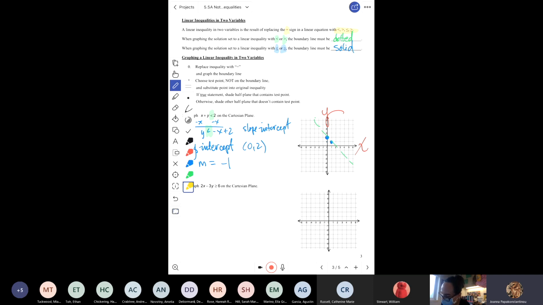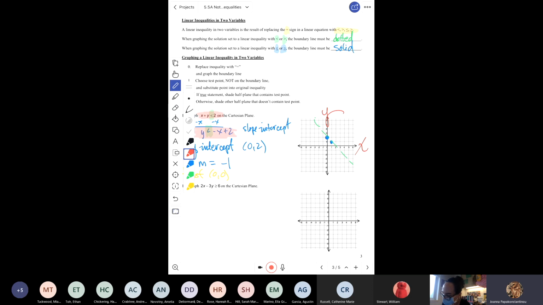So I'm going to choose a test point. The test point I like to choose is the origin, unless I pass through the origin, but I don't. So I'm going to test 0, 0. So I'm going to come back into my original problem, or an equivalent version. I'm going to go ahead and put it in this one. Either one will do. You can go back to the original, or you can go back to any version of it.